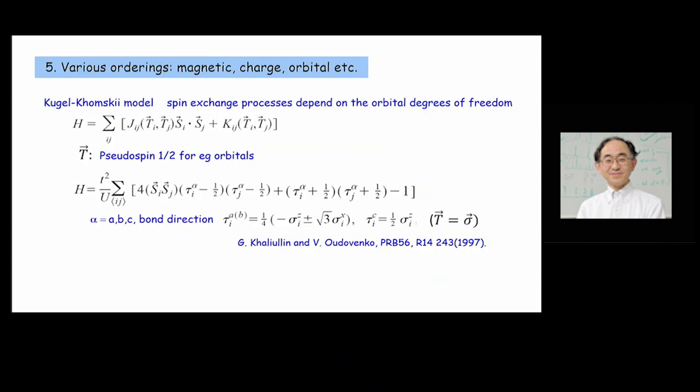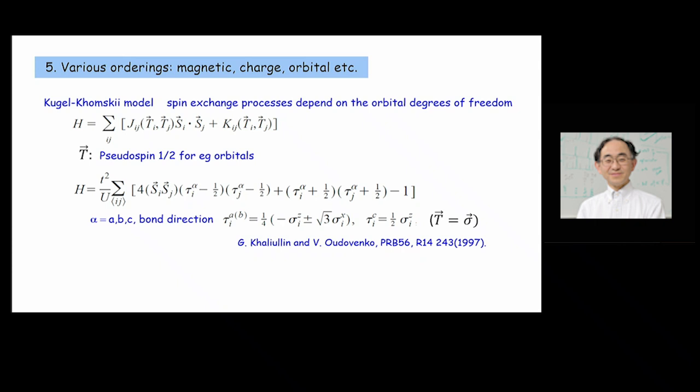And now let's go to the various orderings. I'm running out of time, so let me proceed in an effective way. In that case, the important concept is the entanglement or coupling between the spin degrees of freedom and the orbital degrees of freedom.